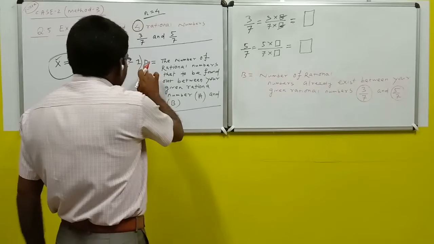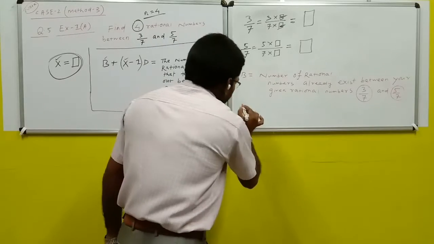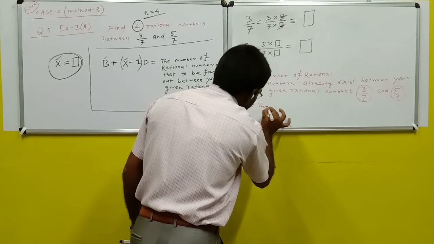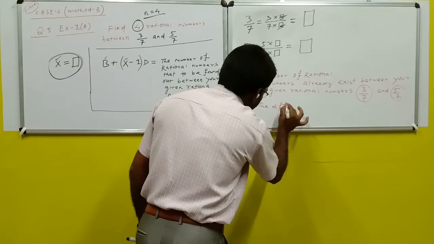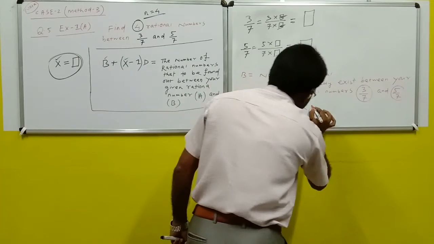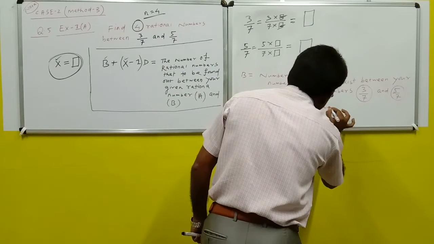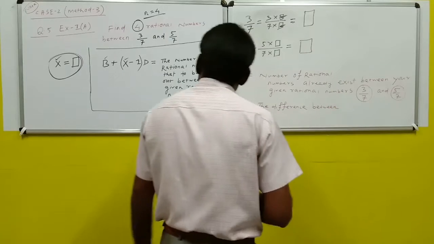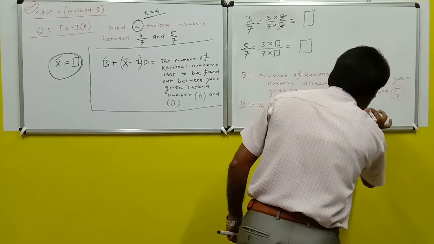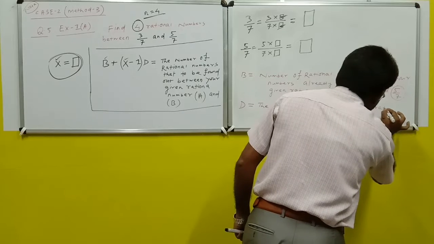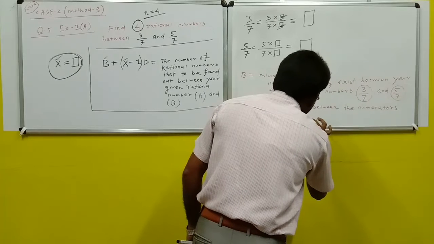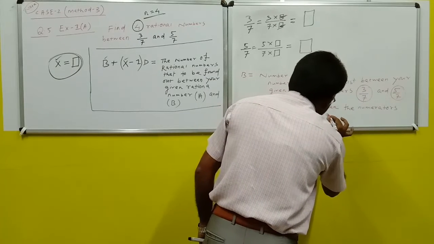Similarly, what does d indicate? d indicates the difference between the numerators of both given rational numbers.